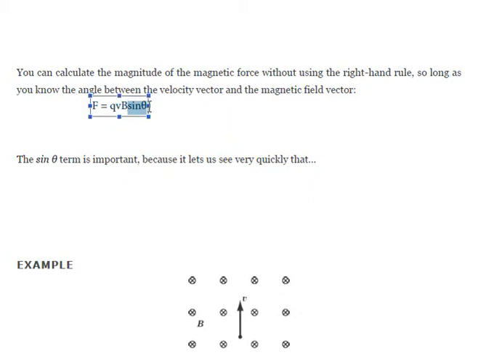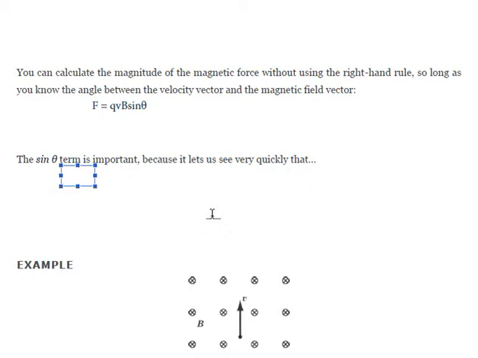So the sine theta part actually removes the cross product for us if we know what the angle is between the two. The sine theta term is actually pretty helpful here because we can see right from that that if the charged particle is moving in the same direction as the magnetic field, then theta would be 0.